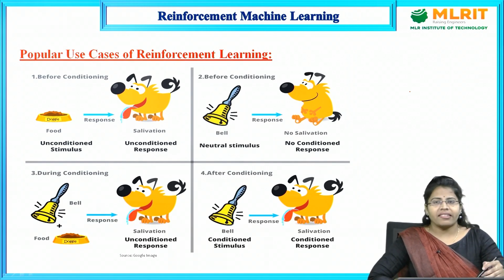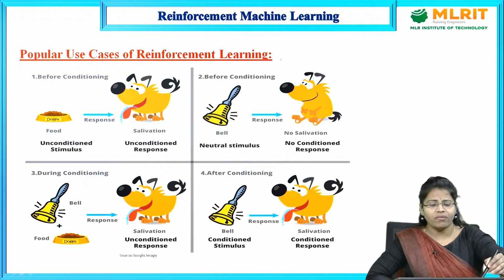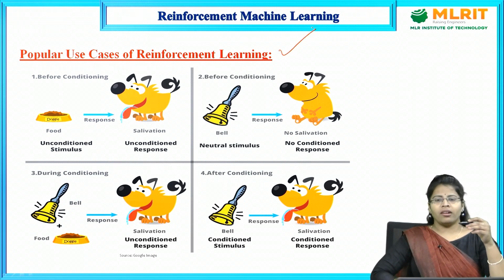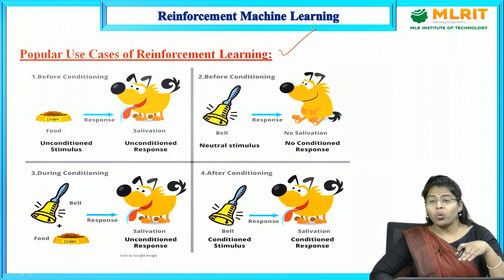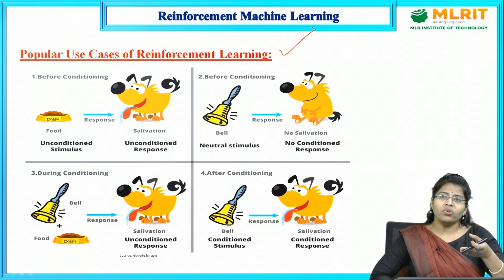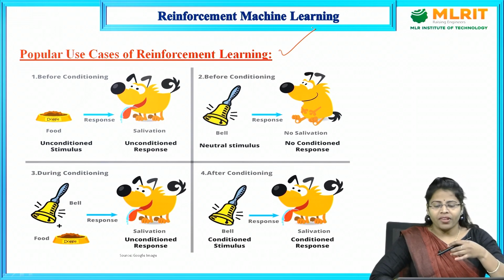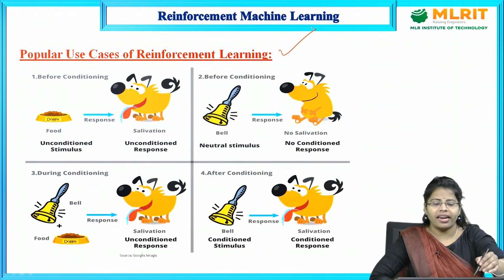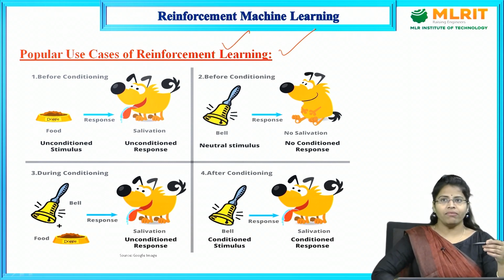Next, let me discuss one of the popular use cases of reinforcement machine learning. Let me discuss how Pavlov trained the dog using reinforcement machine learning. Here, Pavlov is going to give training to the dog using reinforcement machine learning in 4 stages.